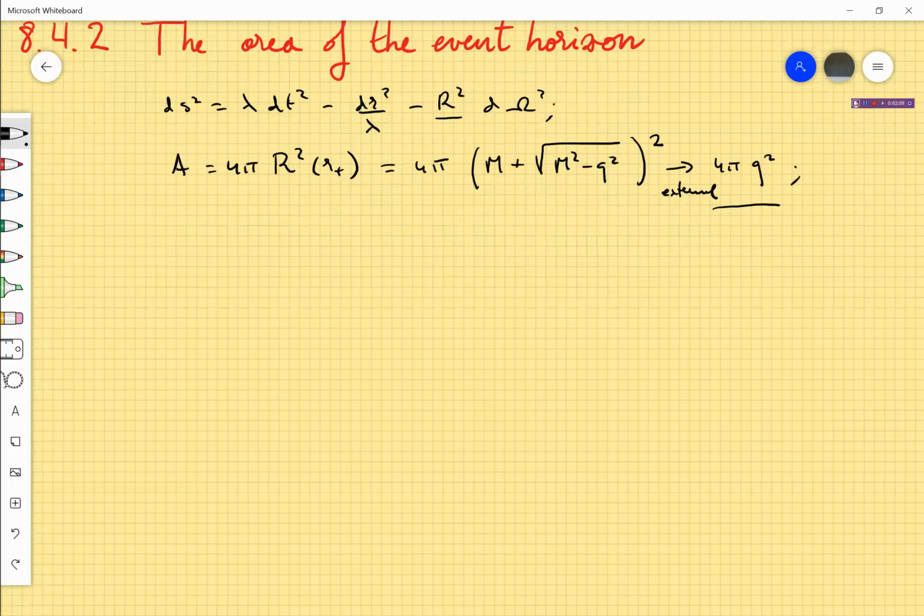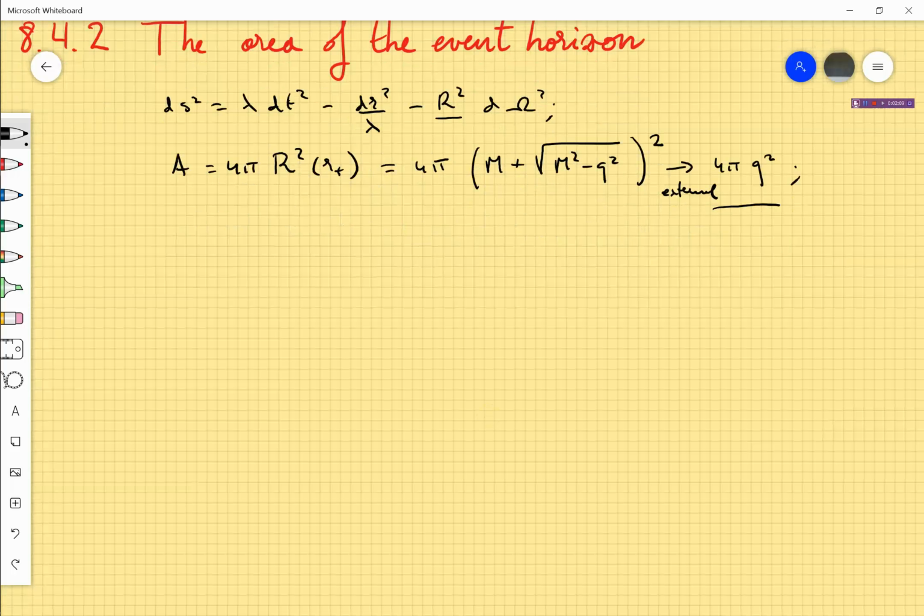And for Kerr-Newman, here the metric is a bit more complicated. It doesn't have this form, but there is no complication if you work in the right coordinates, evaluating the metric at constant time and the value of r equal to r plus.